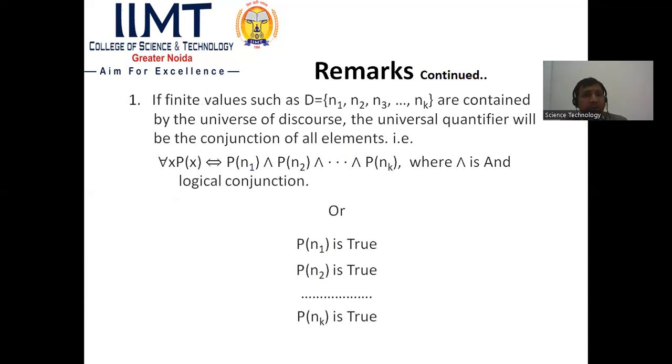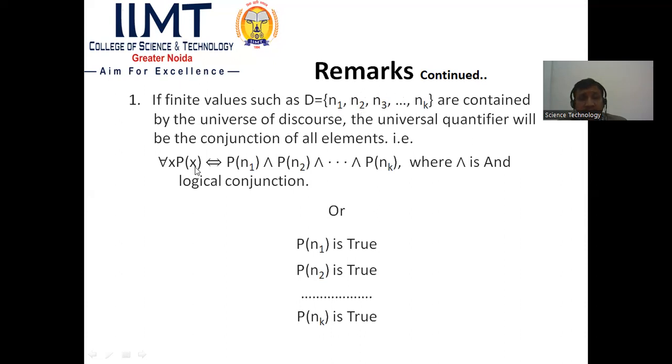These are the remarks. Let us have some set D comprising k values which are n1, n2, n3 and nk. If we are saying for all x, Px is true, that means sometimes x is n1, sometimes it is n2, n3 and nk.